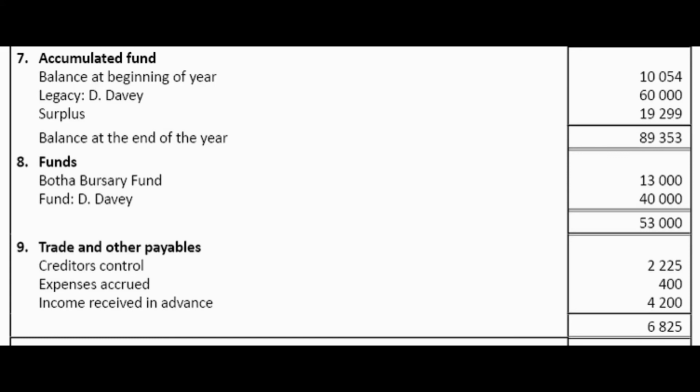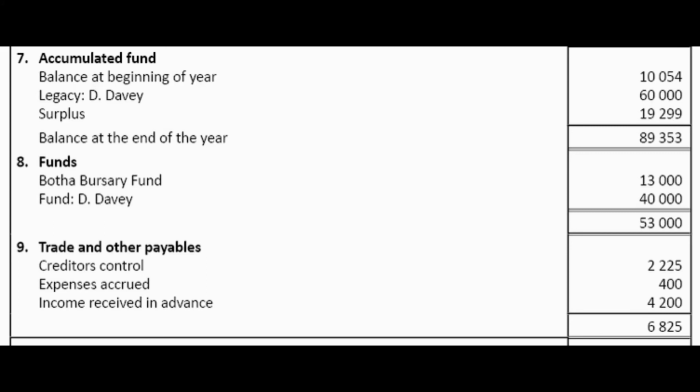All right. The moment that you hear capitalize, you see or hear the account accumulated fund. All right. So what you're actually supposed to do then is to credit accumulated fund account and debit the fund Davy account.